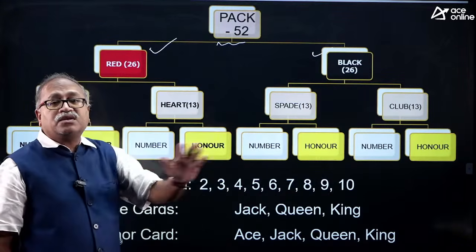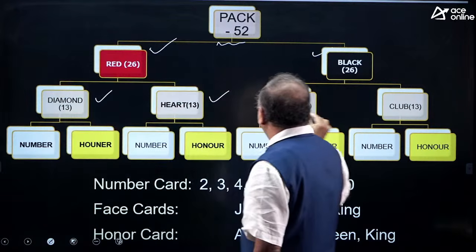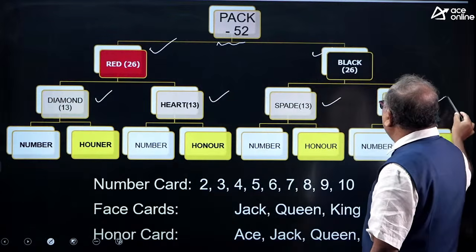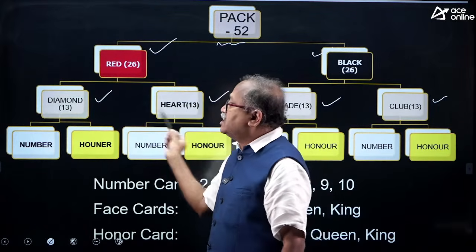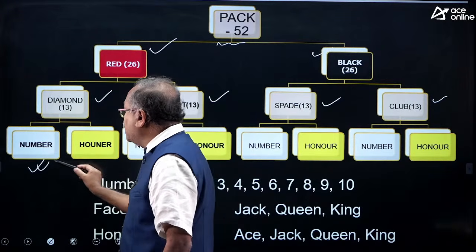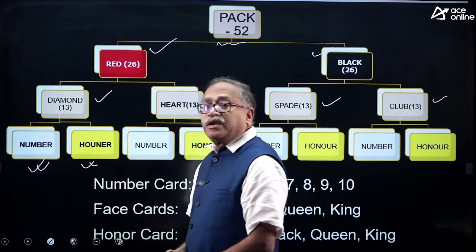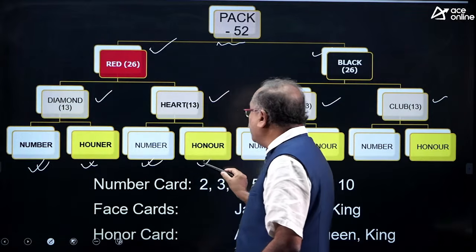They are divided in 4 suits, you know that part. Diamond, heart, spade and club are the 4 suits, 13 each. Again in the diamond we have the numbers and the honor cards. The same way in the heart also we have number and honor cards.